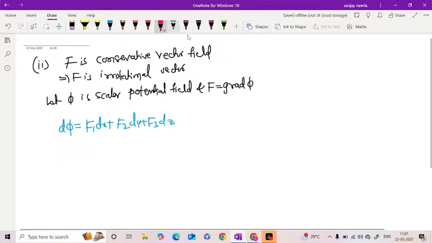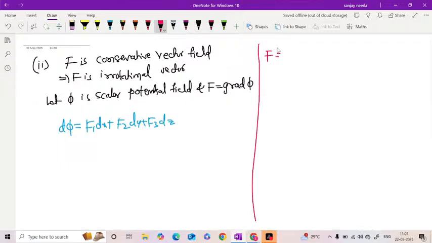But what is our f? What is our given f? f is equal to xy minus z cube into i, plus minus 2 into x square j, plus 1 minus 3xz square into k.